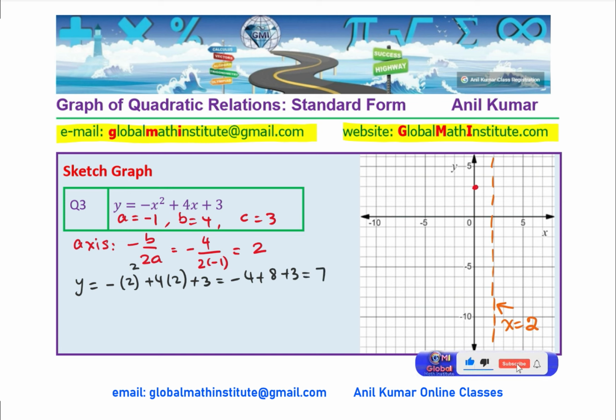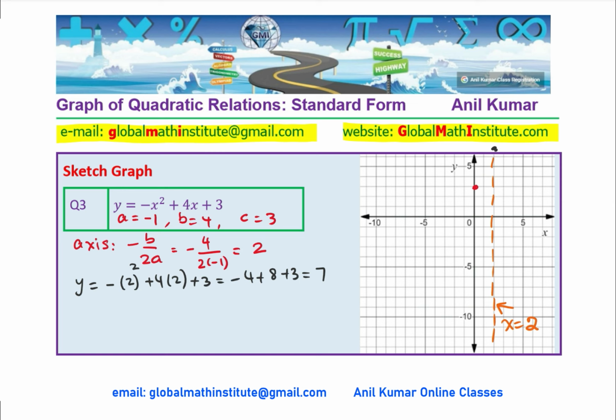So we have the value at 7. So 5, 6, slightly above this particular graph, right? So we substituted 2 for the axis and we got the value. 4 times 2 is 8 and then plus 3, 4 and 3, 7. So we got our vertex right there.